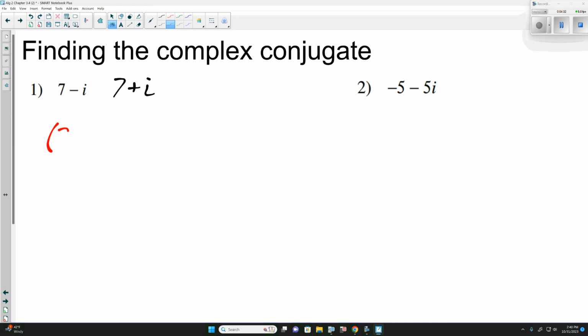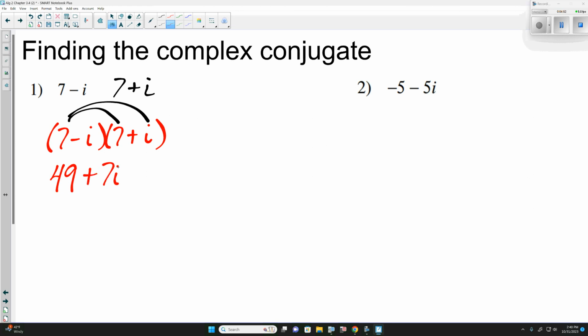Now, one thing I want to do is actually multiply these together. Because when we multiply them together, something interesting does happen. Let's focus up here. So the first thing we're going to do is 7 times 7, which is 49. 7 times i is plus 7i.